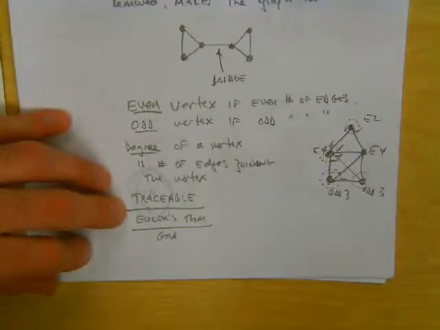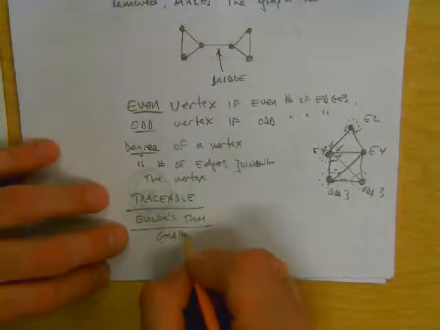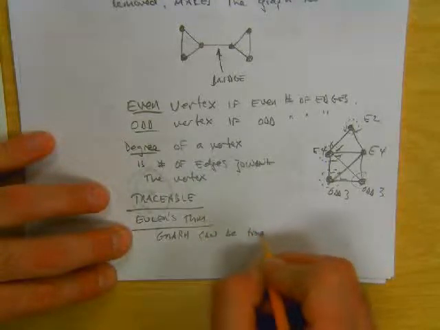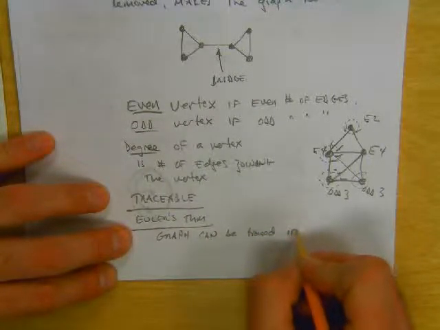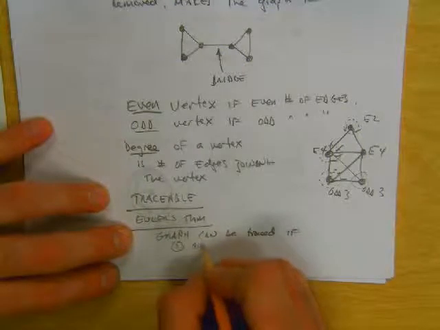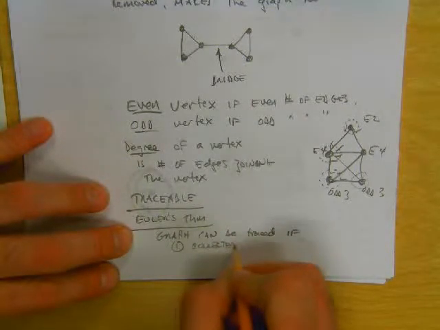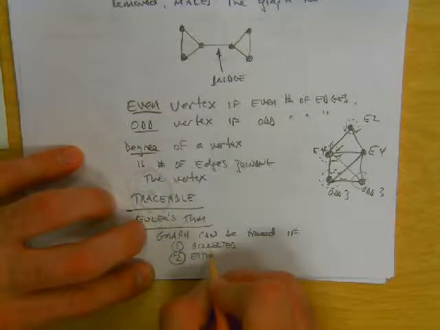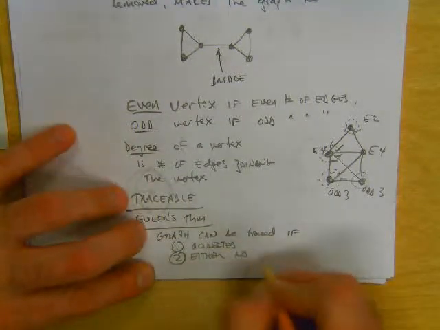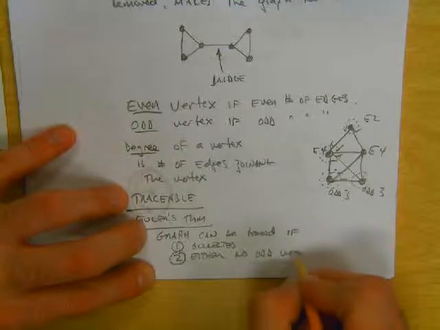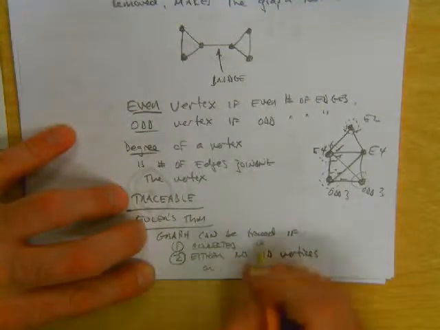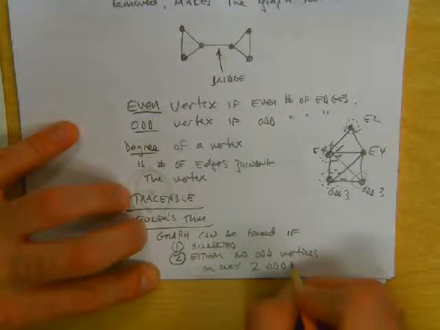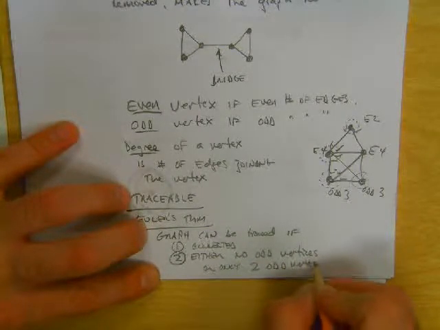It's called Euler's Theorem, and it says a graph can be traced if, 1, it's connected, and 2, if there are either no odd vertices or only 2 odd vertices.